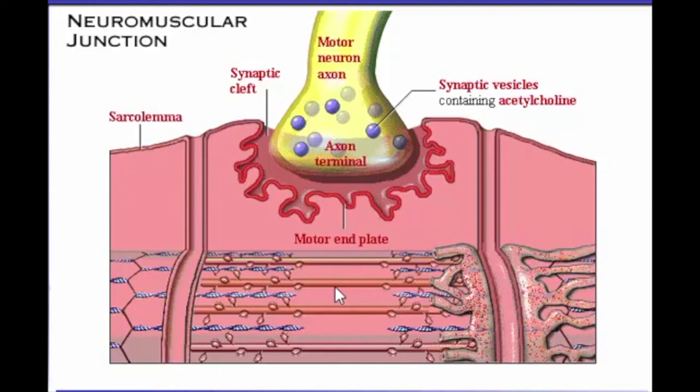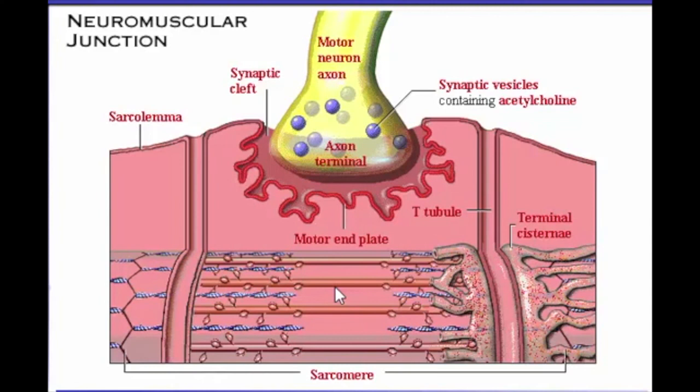Recall that the sarcolemma is the general name for the muscle cell membrane. The T-tubules are invaginations of the sarcolemma penetrating deep into the interior of the cell. The terminal cisternae are specialized regions of the sarcoplasmic reticulum that serve as reservoirs of calcium ions, shown here as red dots.